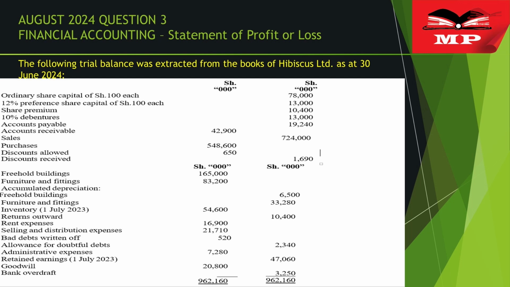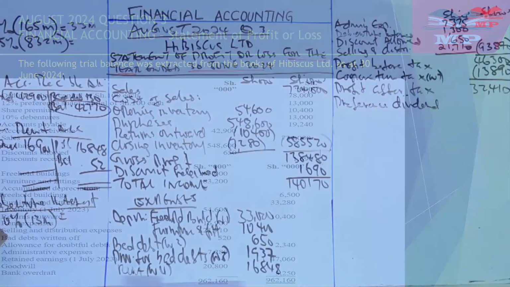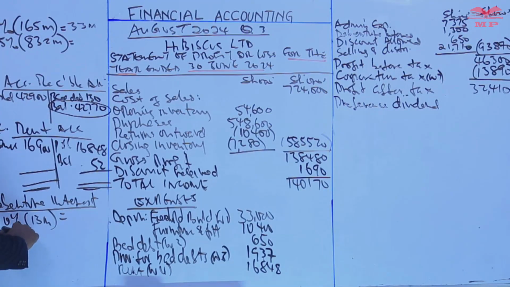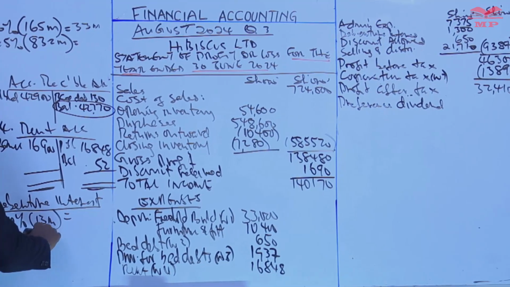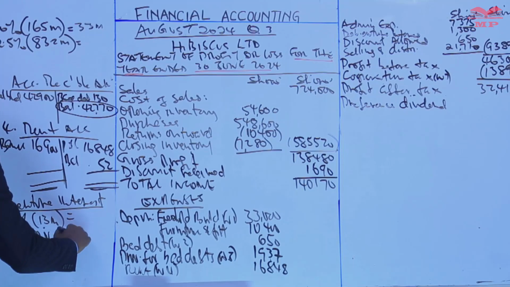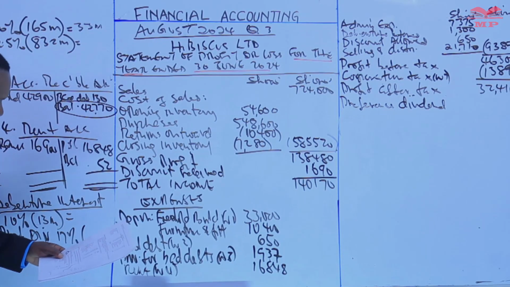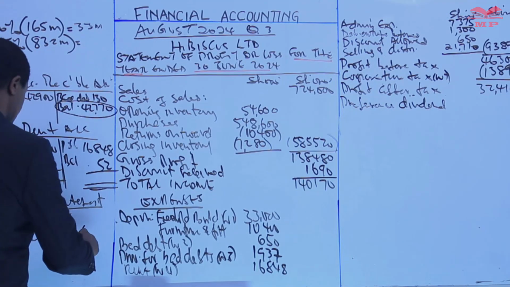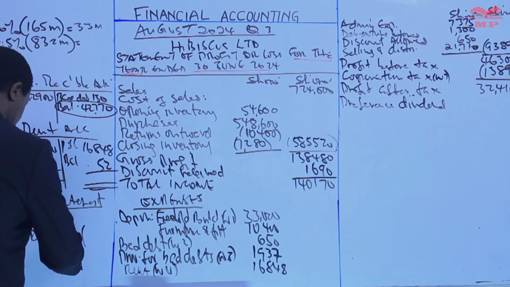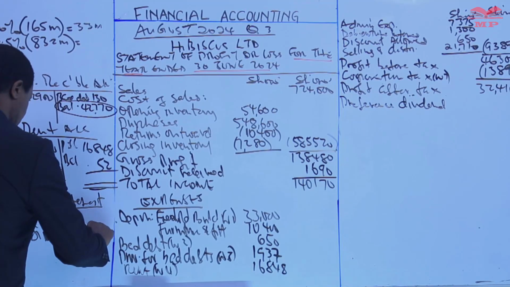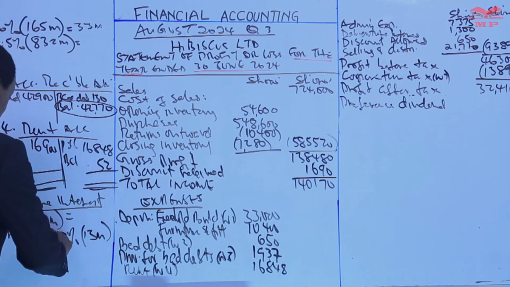So this is number 8. Preference dividend is 12% times the par value of the preference shares, which is 13 million. So this is 12% times 13 million. How much is it?